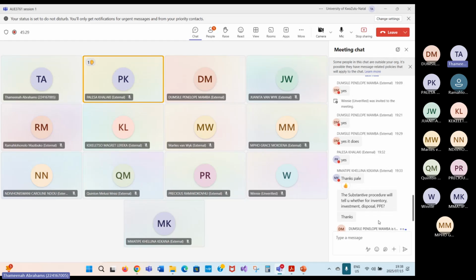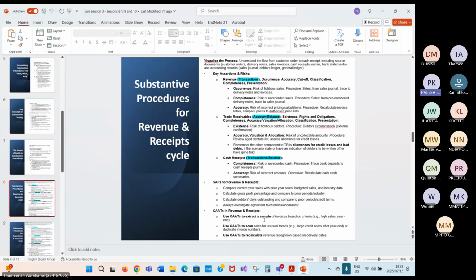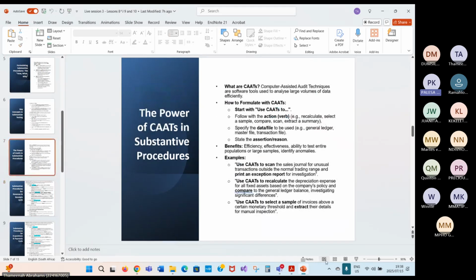Palesa, I see your hand is up. Yes, it's regarding one of the procedures on the last slide, the first one that says use CAATs to scan the sales. Do I need to use the term scan, or can I say inspect or scrutinize? Don't say inspect, because remember, inspect is more of a humanized type of thing.